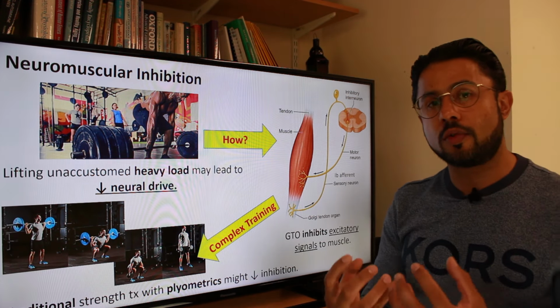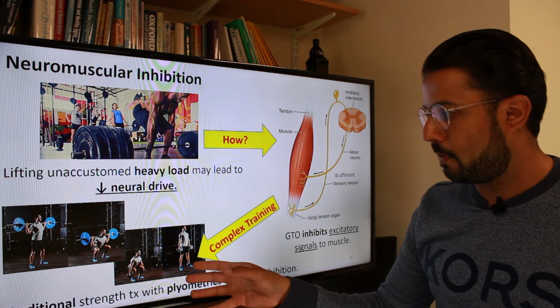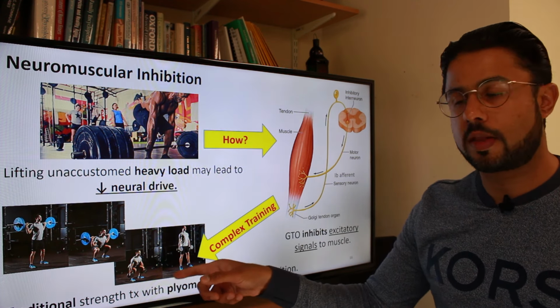Complex training is basically matching your traditional strength training with plyometric training. An example that I've given here is you'd do a traditional back squat like you normally would, and you'd follow that straight up with a jump squat with weight.